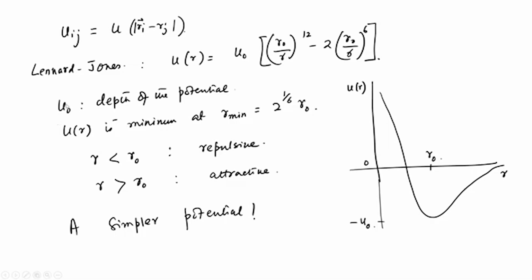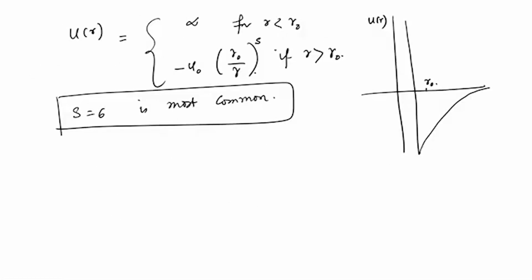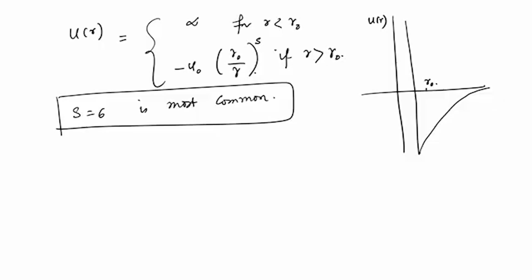As I said, it is a little more difficult to deal with, not that it cannot be done, but we resort to a simpler potential, which will eventually give us the equation of state that we are looking for, and which has a straight wall at R less than R 0, and it goes to infinity, and then it falls off as R 0 by R whole to the power s, and it is weakly attractive at large distances.